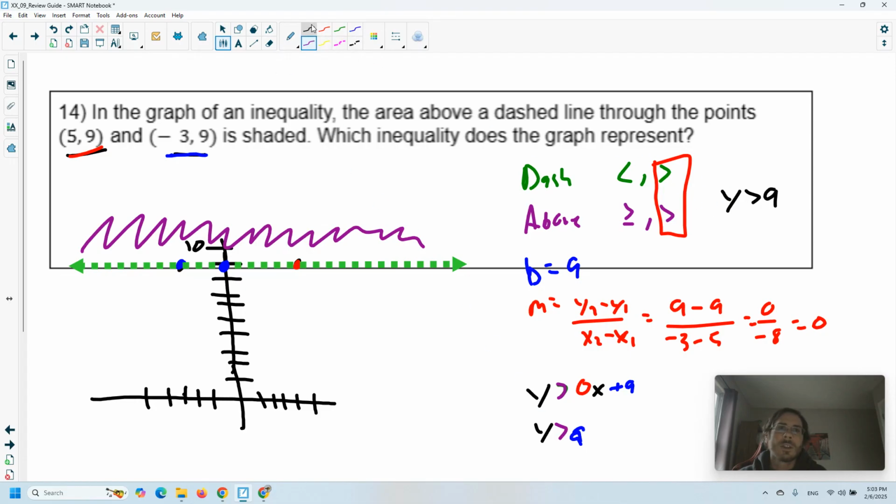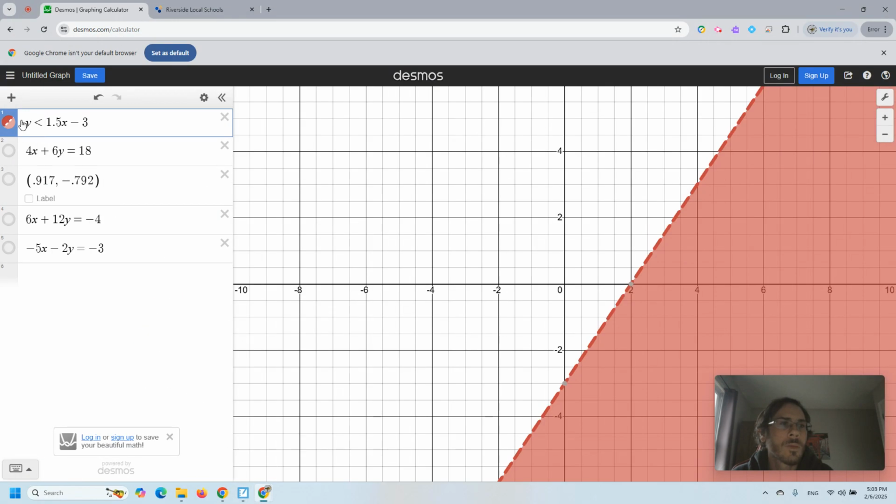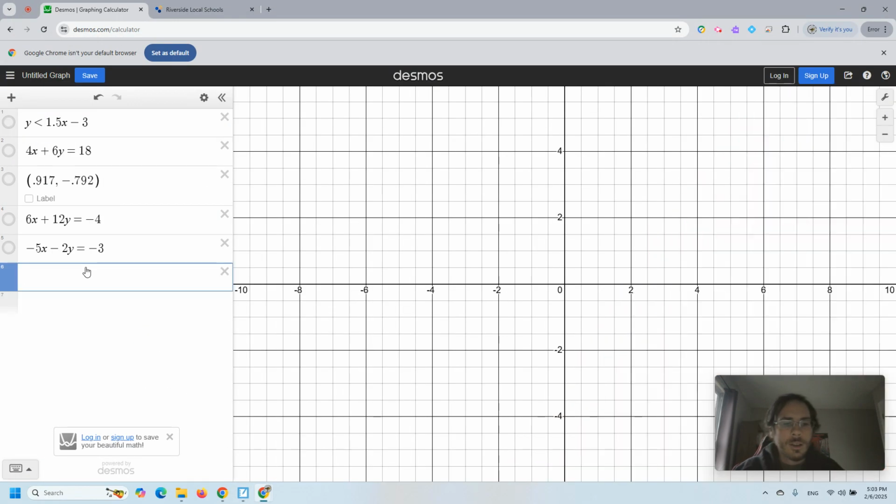All right, so why is that one tricky? Well, there's not really a good way to throw that one into Desmos. If we wanted to, the best we could do is we could put these in. So 5, 9, and negative 3, 9. I'm actually going to turn this off. We'll put these in as a table.